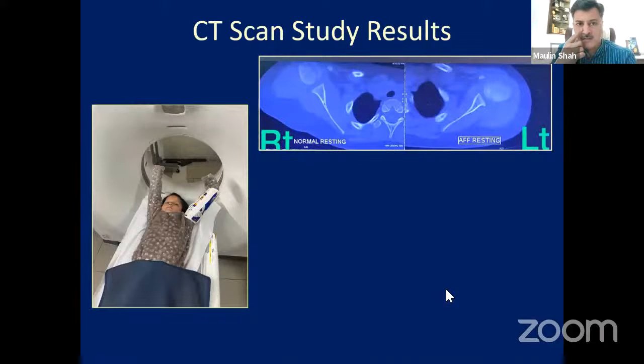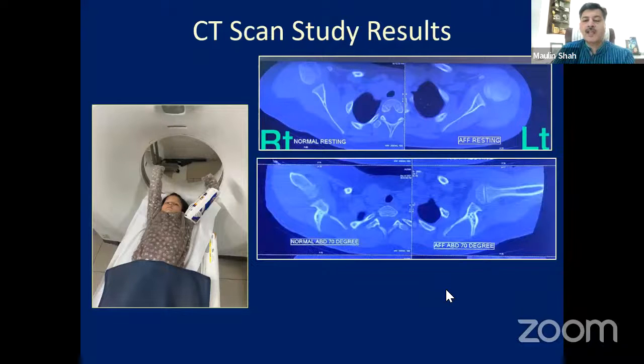When we posted these children for CT scan, as we do not have an EOS machine or standing CT scan, we had to resort to a supine test. So at rest, in the patients with positive elbow block test, the glenohumeral articulation was normal. The moment we asked the children to elevate, we found that there was anterior subluxation of the humeral head in front of the glenoid.